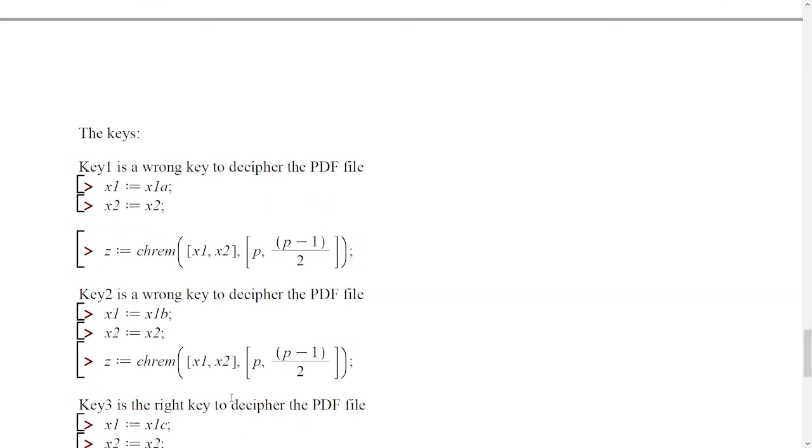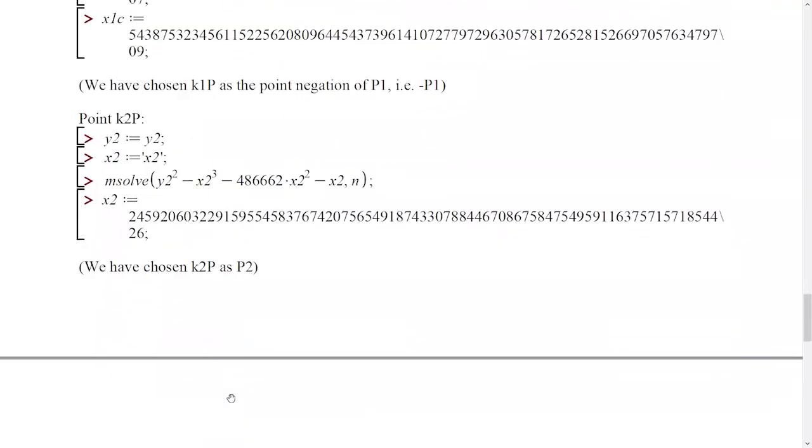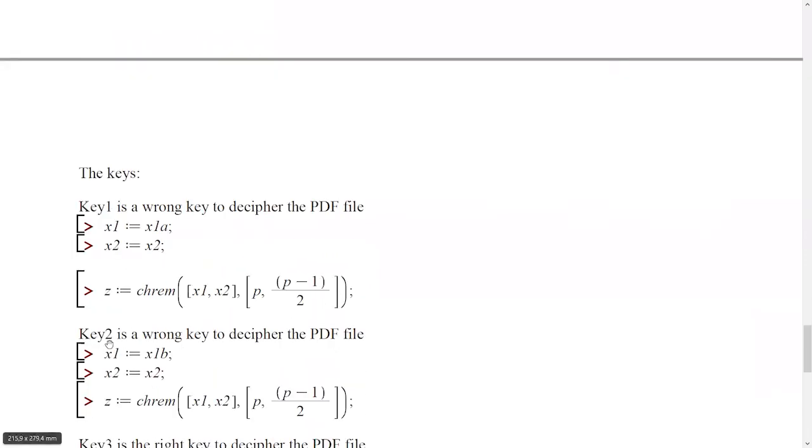So now we can compute three keys. Key 1, if we take the first value for x1, and we will see that it is the wrong key, it doesn't work. And you can compute key 2 with the second value for x1. Again, it's the wrong key.